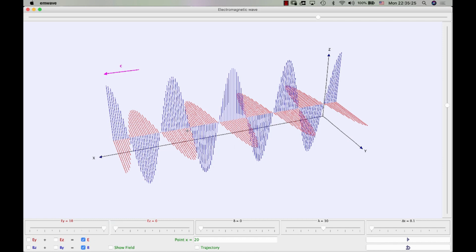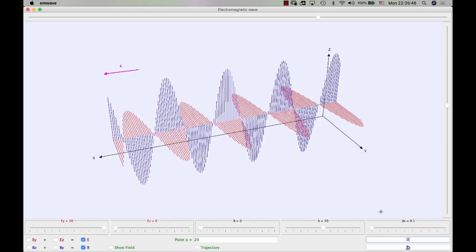The result you get looks something like this. So the red is the electric field vectors. Now, be careful here. Unlike other waves we've seen, here nothing is being displaced. These are all vectors that are associated with a specific point in space.